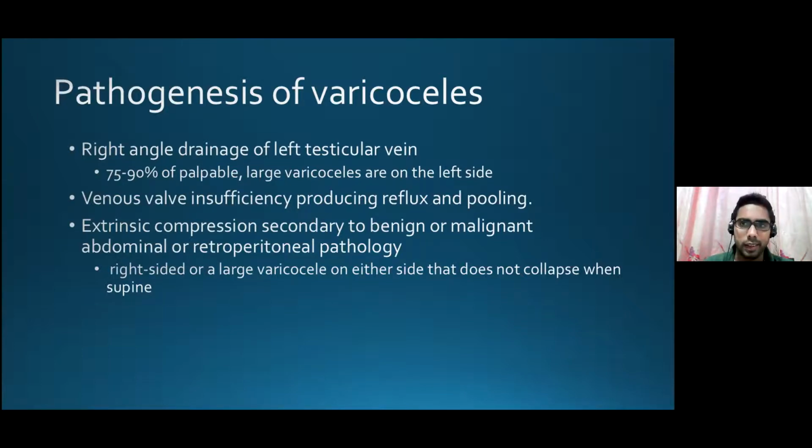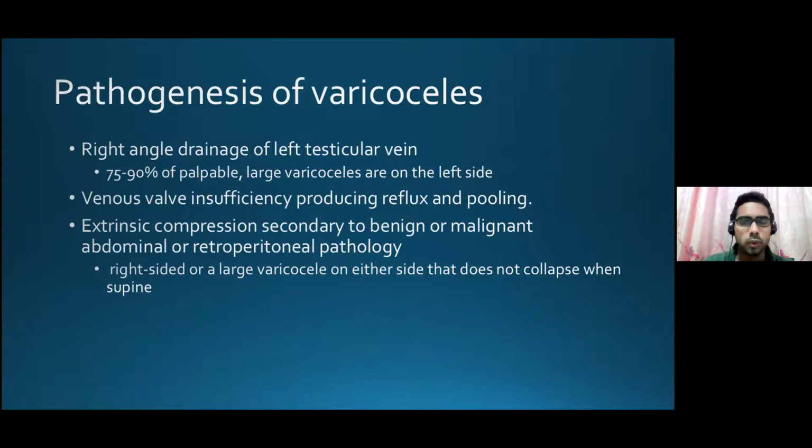Because of this right angled drainage, the prevalence of varicocele is more on the left side in contrast to the right side, because the right gonadal vein tends to drain into the IVC at an acute angle. The other explanation is that when there's a varicocele, there will be venous insufficiency causing retrograde flow and pooling of blood in the pampiniform plexus.